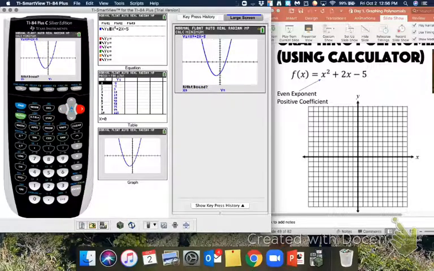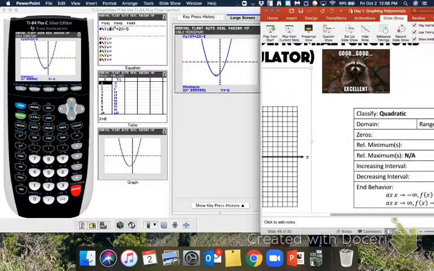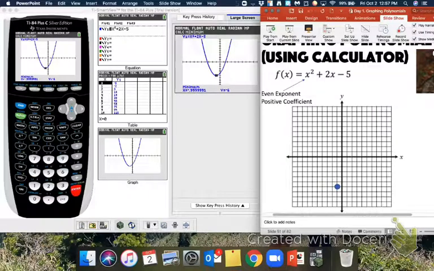So it'll be right of there. And push enter. And then we're going to push enter one more time. And that gives us a relative minimum at negative 1.99999 and negative 6. So this is really like negative 1. So our relative minimum is going to be negative 1, negative 6. Okay, and then we can graph that on this graph right here.